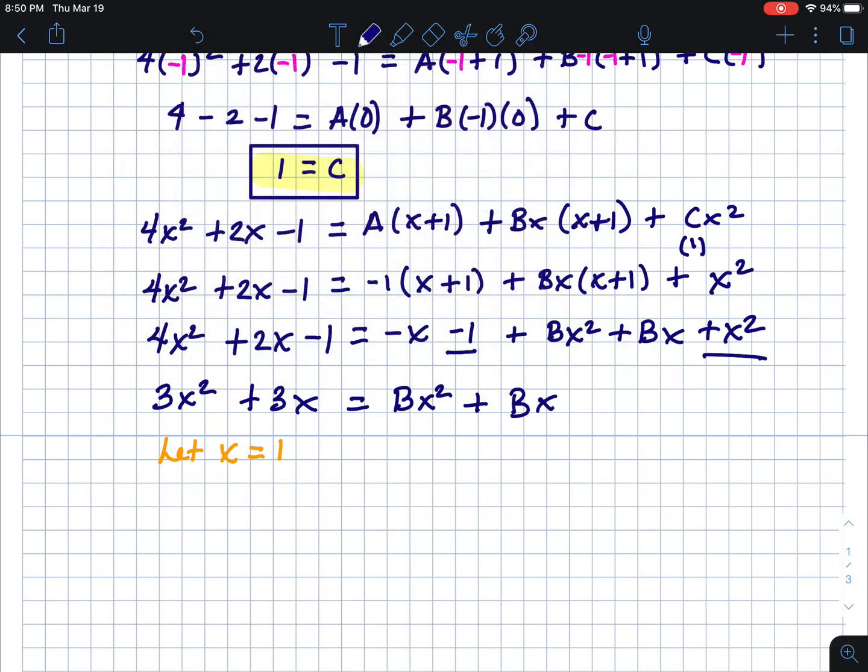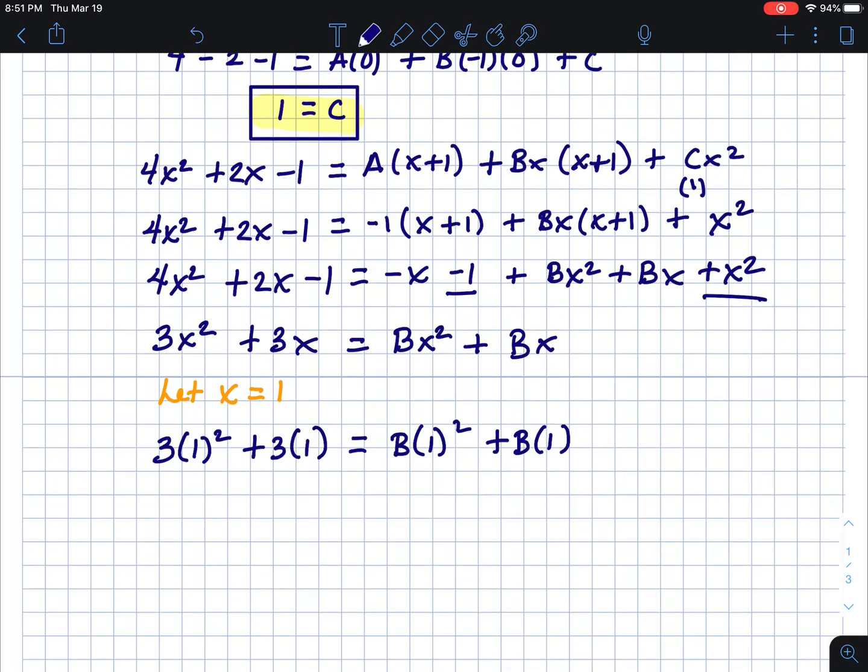So we'll have 3 times 1 squared plus 3 times 1 equals b times 1 squared plus b times 1. So we're left with 3 plus 3 equals b plus b. 6 equals 2b. Therefore, 3 is equal to b.